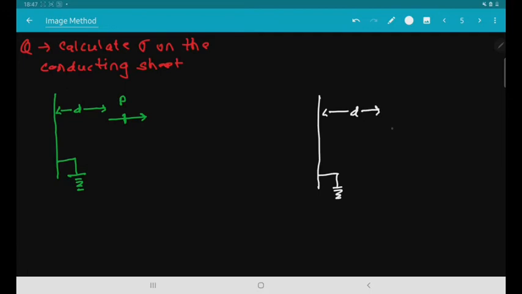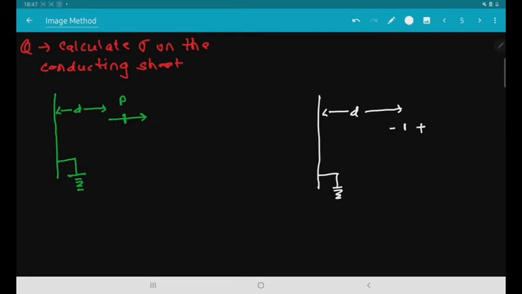So I will consider a negative charge and a positive charge, and on the other side I will have to take images of these 2 charges. This distance D is given from the center or the midpoint of the dipole.